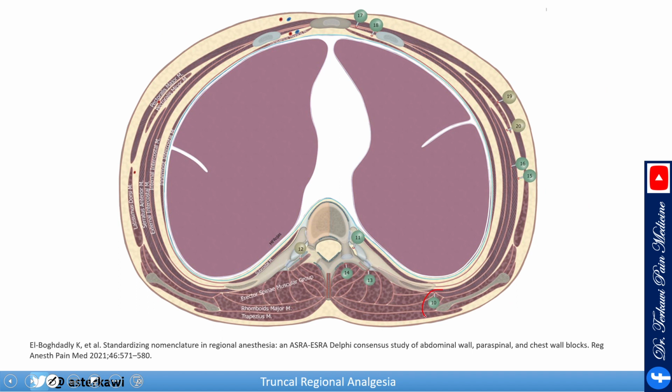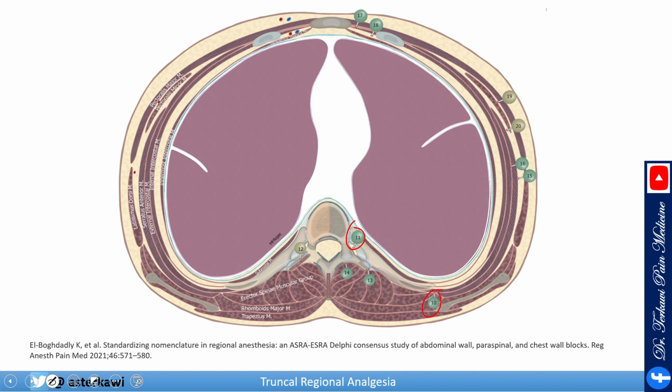And we keep going to here, number 10, the rhomboid intercostal plane block, which is between rhomboid major and intercostal muscle. We go to 11, it's the paravertebral block in the paravertebral space.